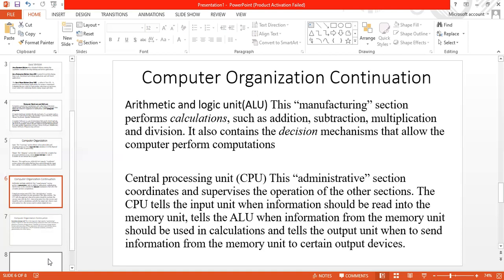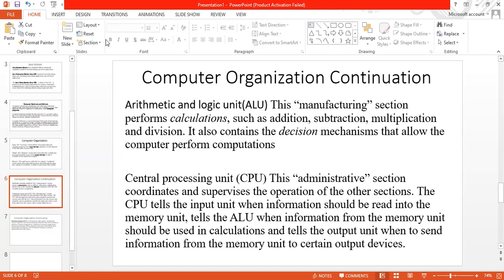Also, we have what is called the central processing unit. This is known as the administrative section. I call it the administrative section because it coordinates and supervises the operation of the other sections.